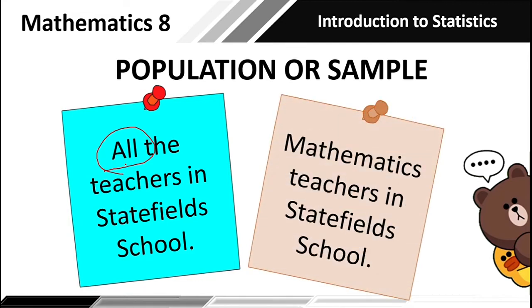Next, mathematics teacher in Statefield School. Mathematics teacher in Statefield School is a subcategory or a department in Statefield School, therefore, it is just a sample. That's how it is to identify population and sample.